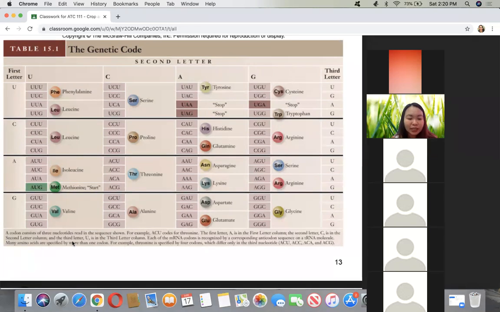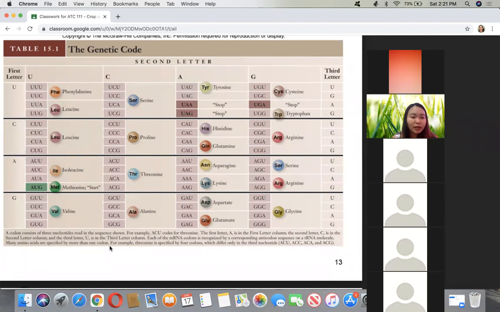And so mayroon explanation dito. And the third letter, U, is in the third letter column. So each of yung sinabi ko kanina, yung tinuro ko. And each of the mRNA codons is recognized by a corresponding anticodon sequence na tRNA molecule. So meron din siyang anti-codon, yung mga codons na ito. And many amino acids are specified by more than one codon.